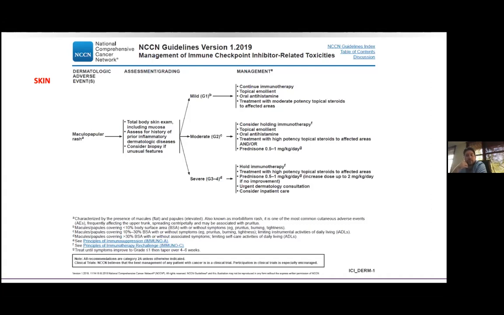Prednisone can be considered, but once you start considering any immune suppressive agents, discuss this with the patient's oncologist, because any form of additional immune suppression may dampen the effect on potential outcomes. In terms of severe, that's when you definitely hold your immune therapy and treat with high potency steroids.